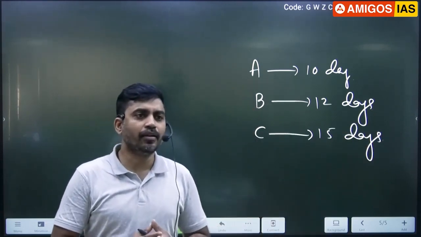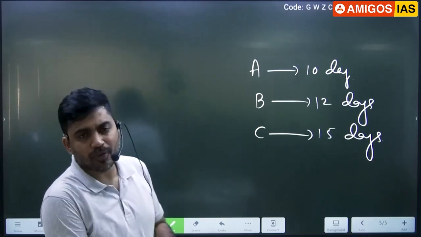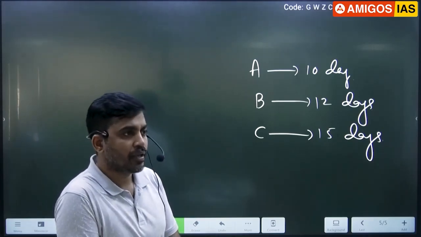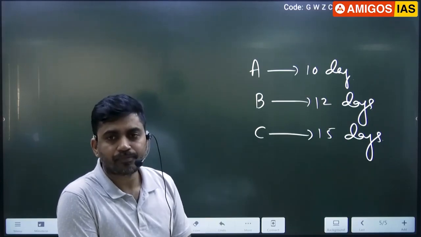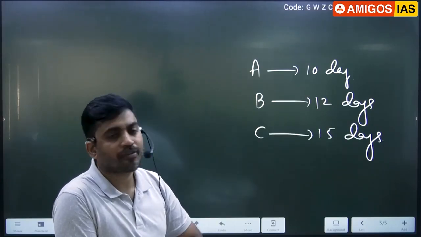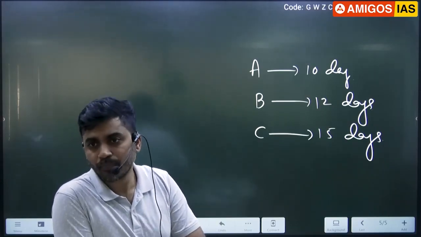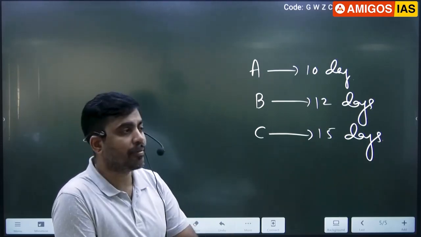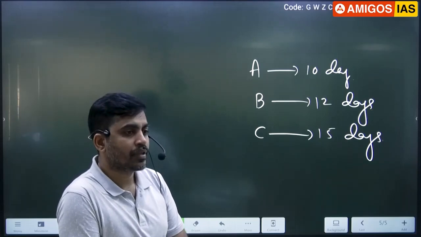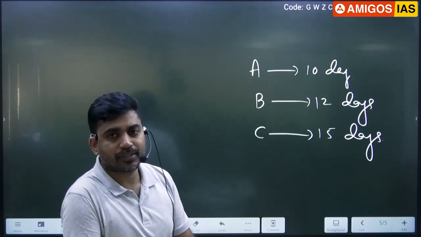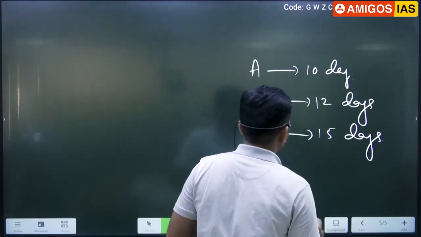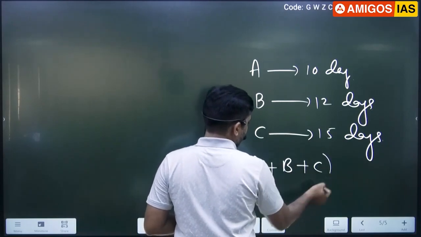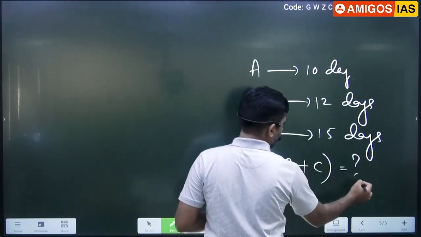They can complete in 10, 12 and 15 days respectively if they work alone. Question is, if all three started the work, in how many days will the work be done? You can follow any method, method 1 or method 2. Just try to get the answer.